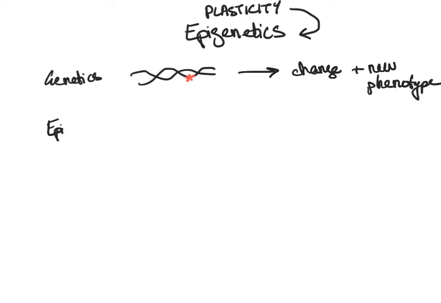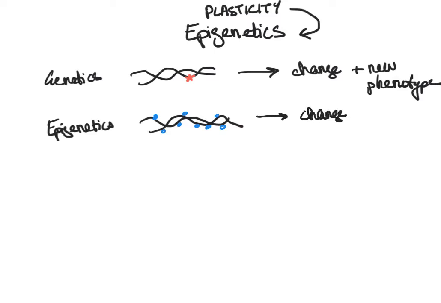Epigenetics is the concept that I have some DNA, and now some of this DNA is closed and some of it is open. And if I change modifications on the DNA, so if I add new transcription factors or new histone modifications, then I can change how the DNA is open or closed and change which genes are transcribed and thus get a new phenotype.